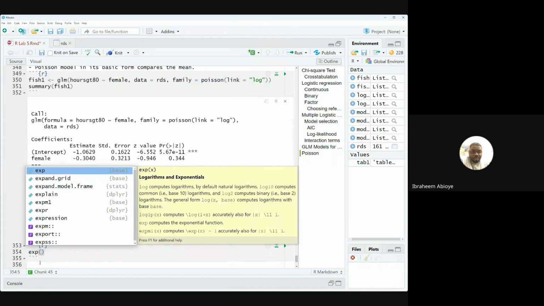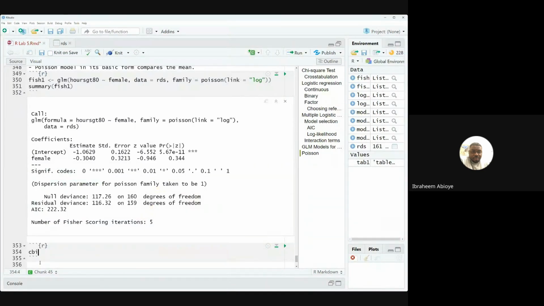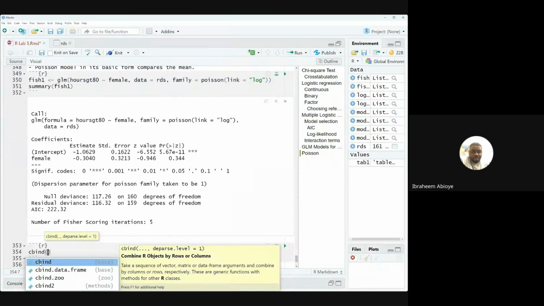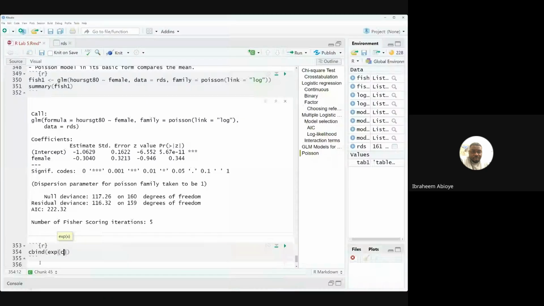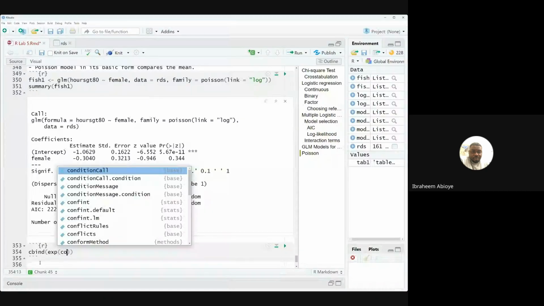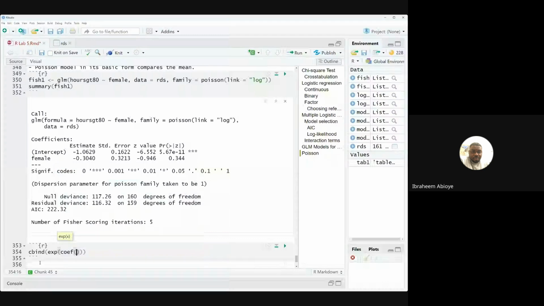I can do this in one step. We will exponentiate the coefficient function of fish 1, and we can ask for the confidence interval.